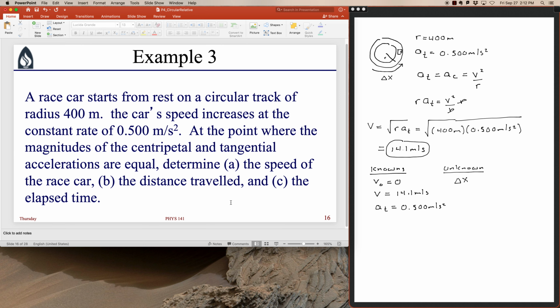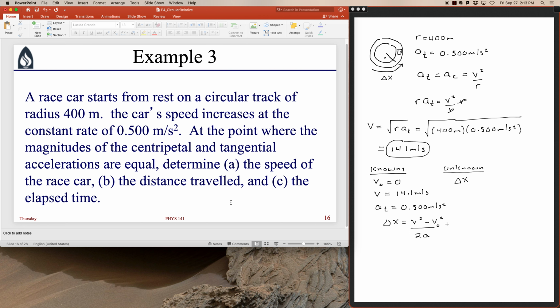One that looks like it has promise is that delta x is equal to the final velocity squared minus the initial velocity squared divided by 2a.